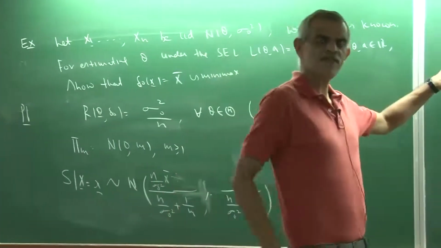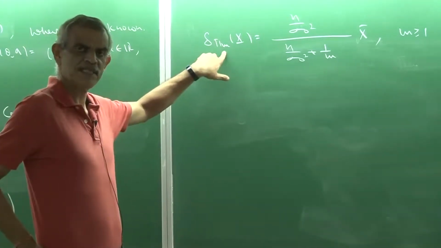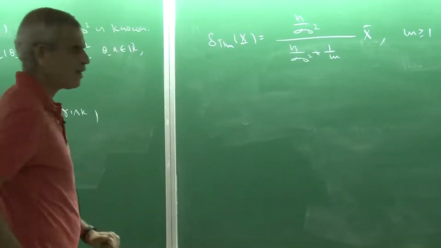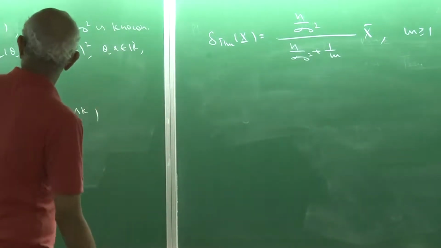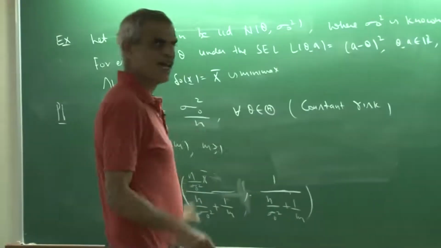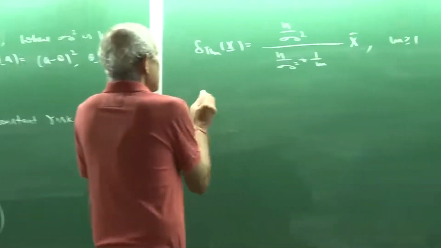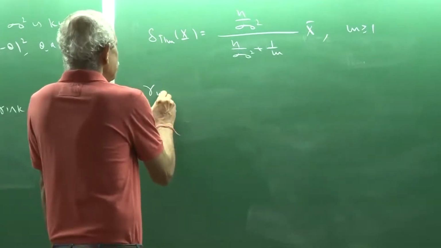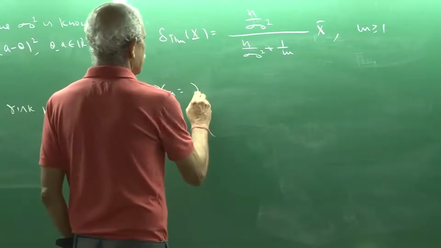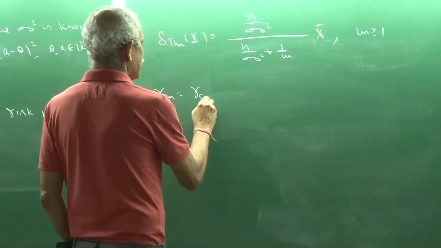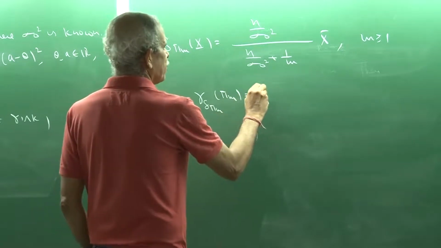So what I have to show is, if I can show that the Bayes risks of these Bayes estimators converge to sigma naught square by n as m goes to infinity, I am done. And the hint of the prior we got from our earlier lectures. So let us look at Rm, which is nothing but R of pi m, delta pi m. This is what I have to find.